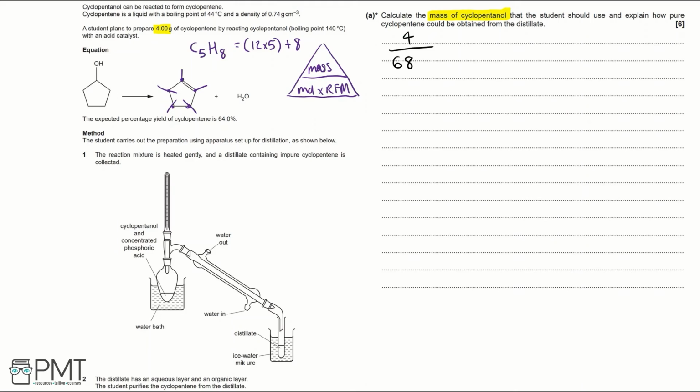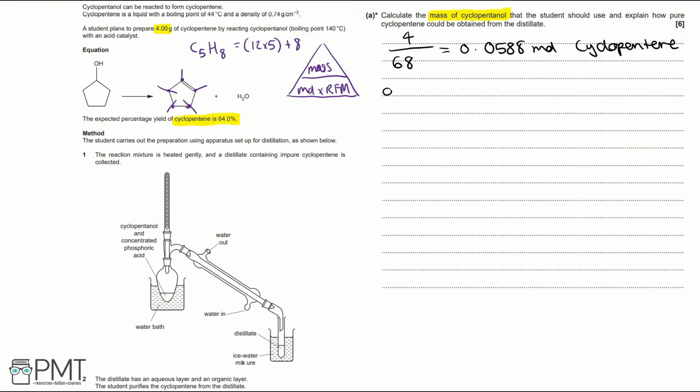So these are going to be the moles of cyclopentene, and it equals 0.0588 moles of cyclopentene. We can write that next to it just so that we don't lose track later on in the question. The next key piece of information we're going to use to work out the mass of cyclopentanol is the expected percentage yield of cyclopentene.